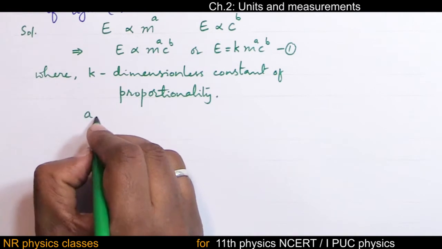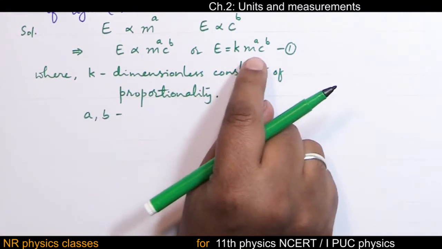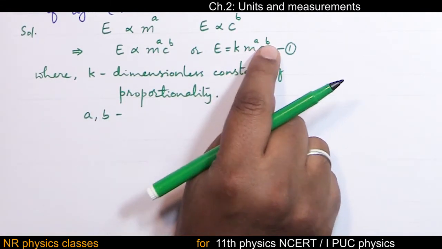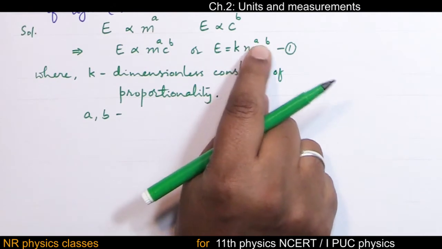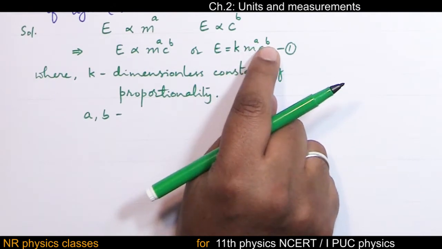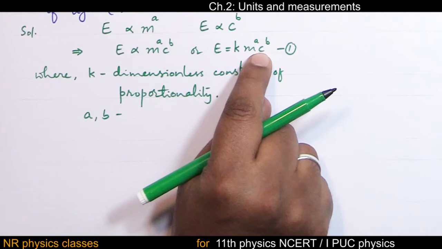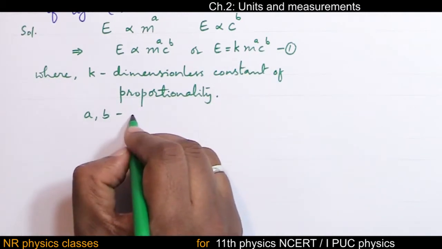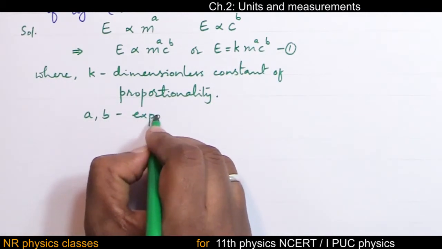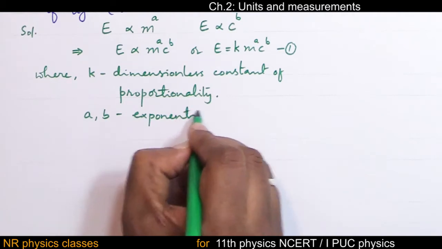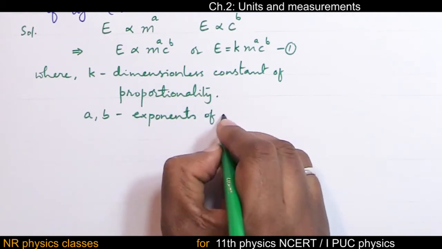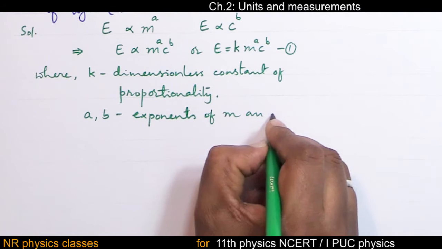A and B are, students, guess what are these A and B? A and B are powers, the exponents of mass and speed of light.